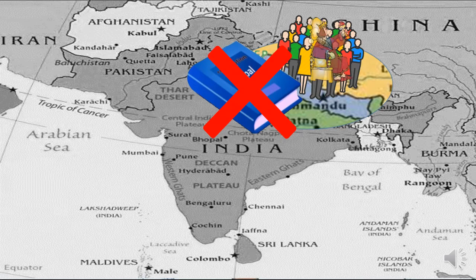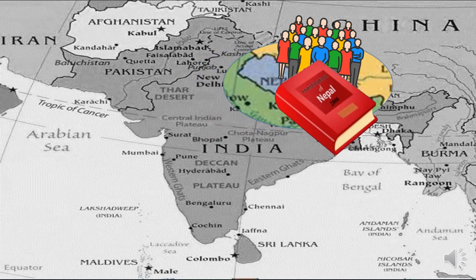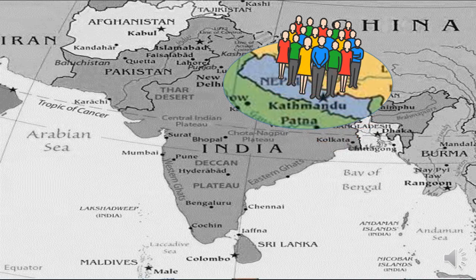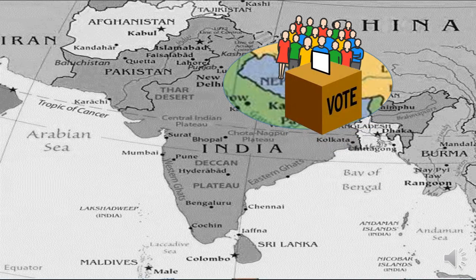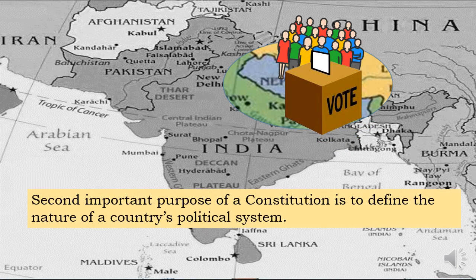Generally, while moving from monarchy to a democratic form of government, constitution plays a crucial role in laying out certain important guidelines that govern decision making, and thus the second important purpose of a constitution is to define the nature of a country's political system.